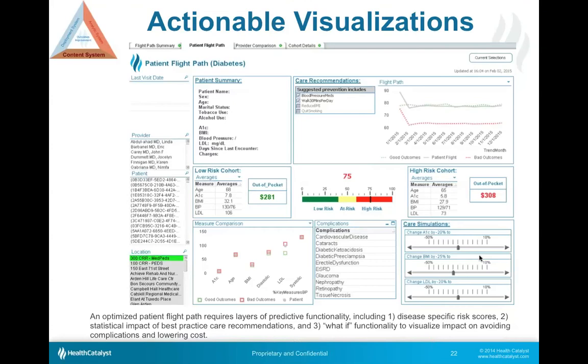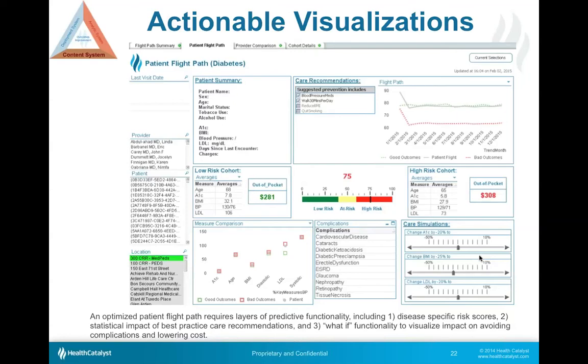Another example of actionable visualizations is one that we've actually been working on with one of our ambulatory organizations and partners. And they've actually been working on helping to design a tool that a physician could use to sit down with an individual patient and talk about changes or actions that they should take in their life, whether it be trying to get their BMI to a better place, reducing their LDL or their hemoglobin A1C.